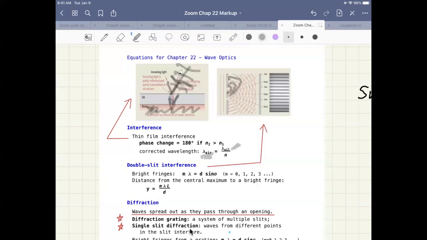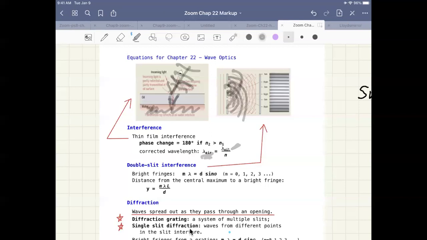When a wave goes through an opening, it spreads out on the other side of the opening. And so from each slit, you have waves spreading out, and therefore they're overlapping. Where waves overlap, you can have interference.